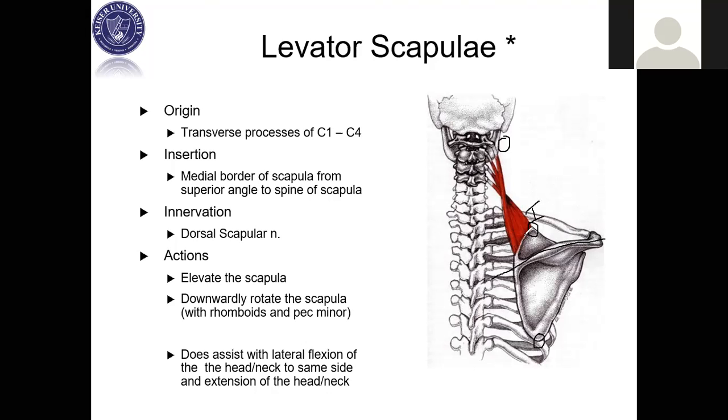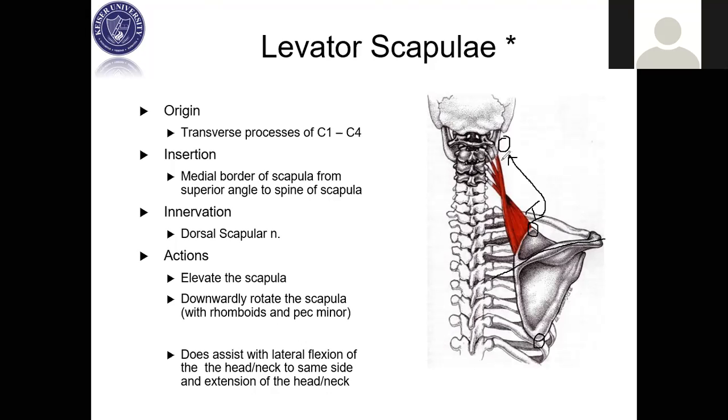How is this muscle going to move? Well, the insertion is going to move towards the origin. The insertion is on the scapula, so it's going to move the scapula upwards. So one of the actions that it does is scapula elevation.